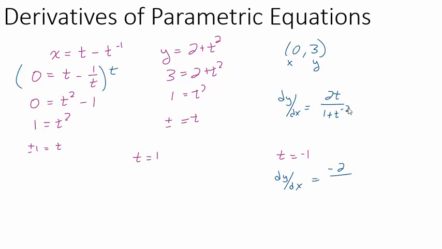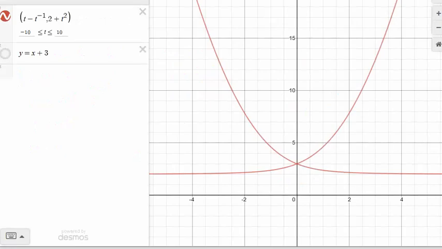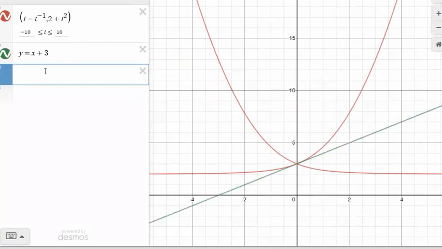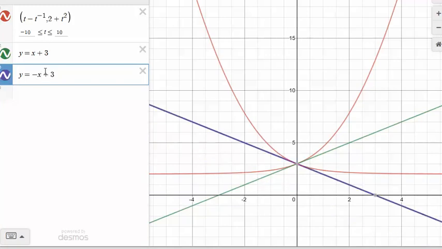This is just going to square it and flip it over, so it makes it positive, so it's going to be 2. And my slope is negative 1. So, like the one with slope 1, our other line is going to have a slope of negative 1, and it's still going to go through the point (0, 3). So there we have our two tangent lines.